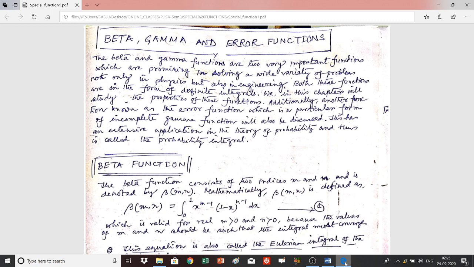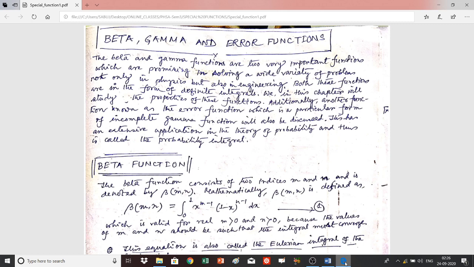So in this sense, beta and gamma functions are very important, and in different topics in physics, engineering, or mathematics, they are used very promisingly, and they are a very important tool to calculate very hard problems. Along with the beta and gamma functions, another function is called the error function.